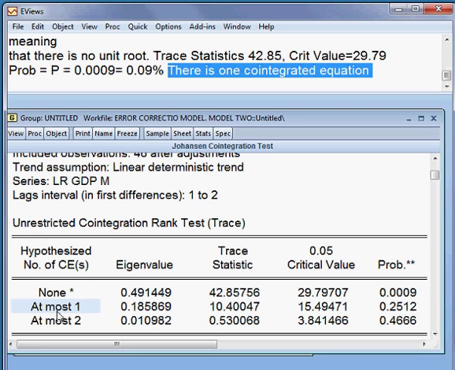I check here: the trace statistics is 10.4 and the critical value is 15.449, meaning that the trace statistics is less than the critical value, so we cannot reject the null hypothesis.